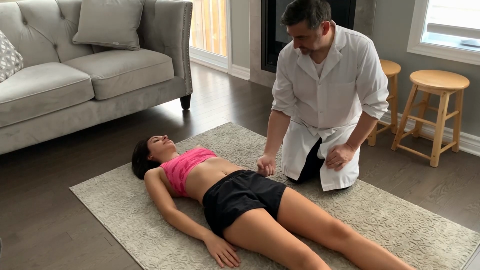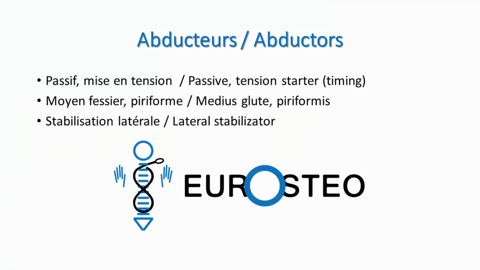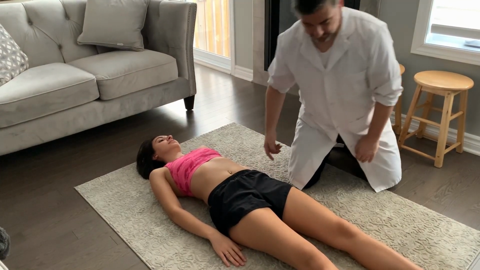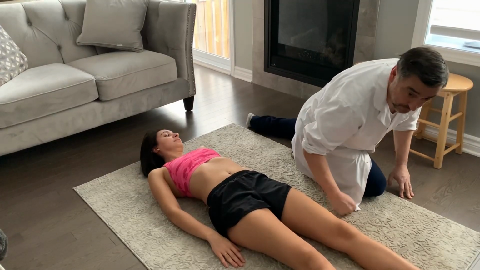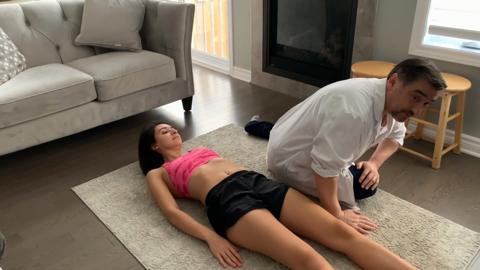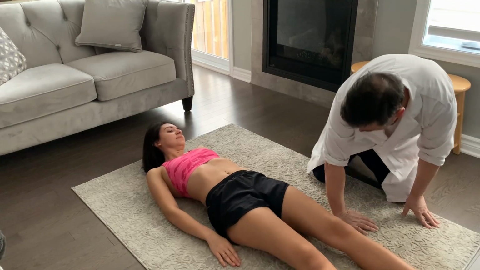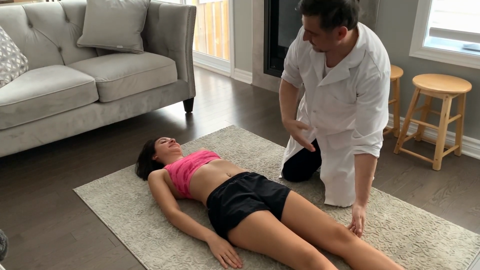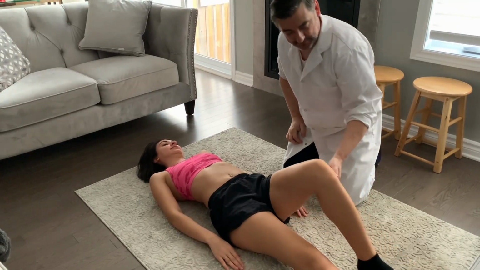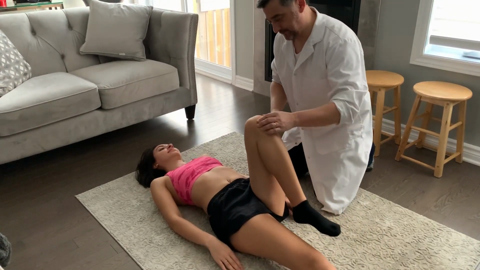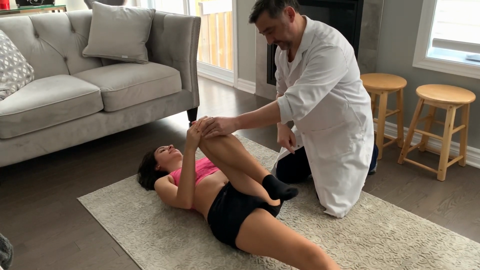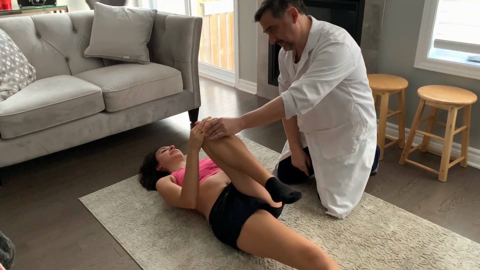Then we go on to the glutes. If you do yoga, you can use the pigeon position. Everybody has their specific position to feel it the most. On the back, the idea is to grab your knee, bend again, and pull it to the opposite shoulder. Very important.